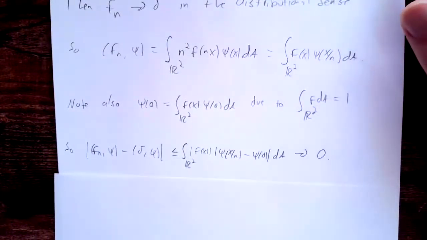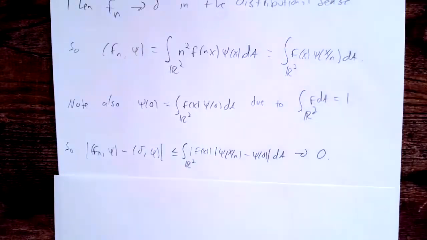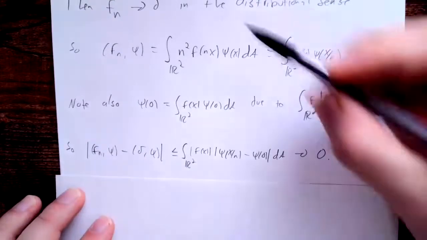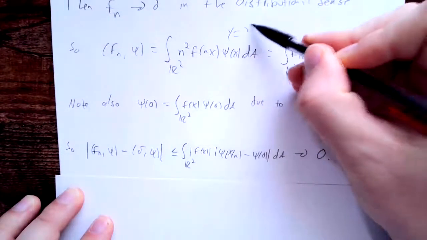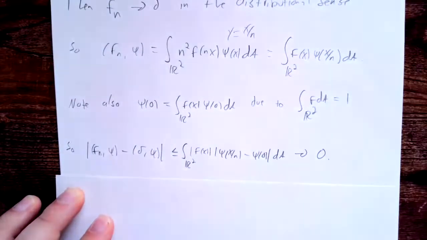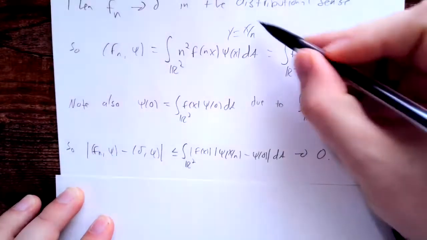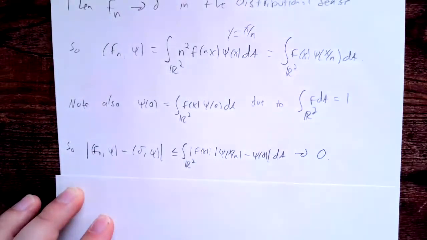That's what I'm doing now. Wait, Ken, could you explain the change of variable step just a little bit more? So, you just take y equals x over n. Just work out the change of variable, right?